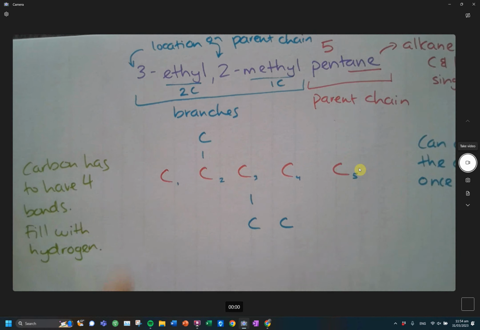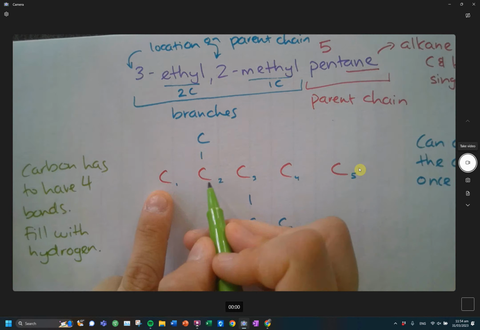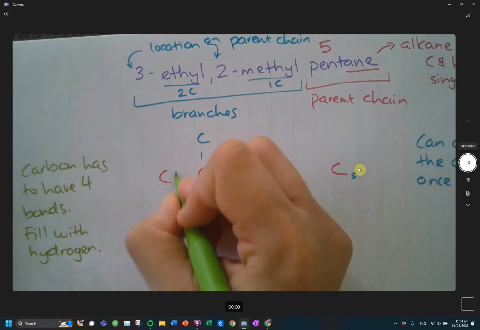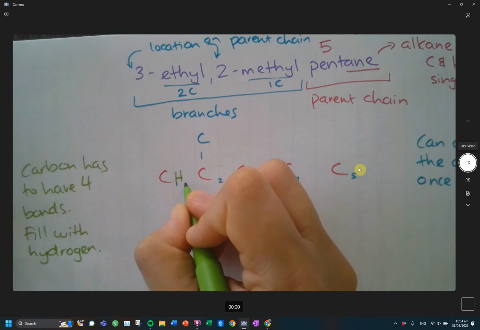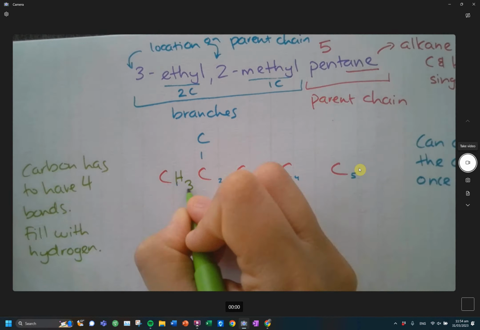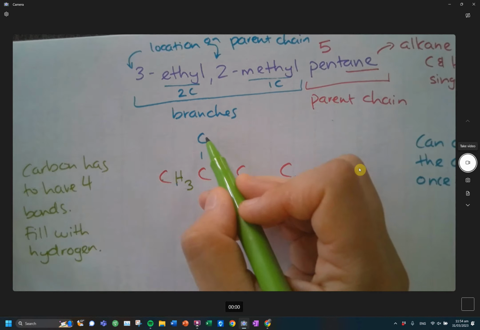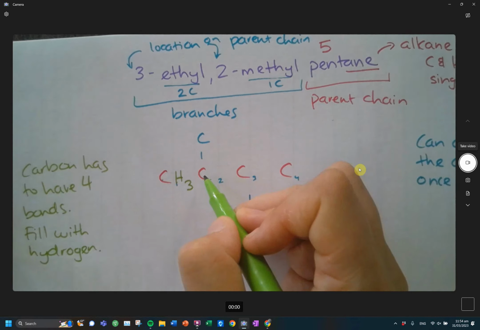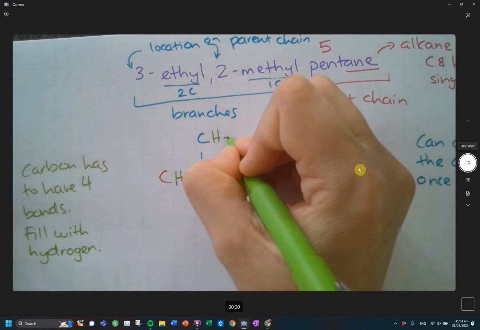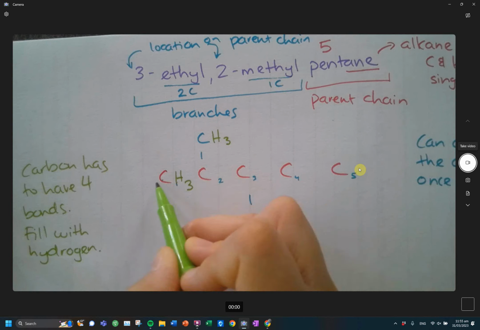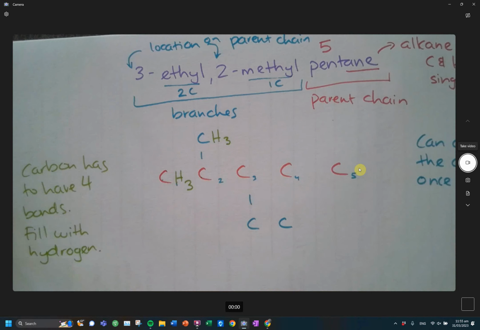So when I look at this end carbon, I see that it's bonded to 1 other carbon. So how many hydrogens should I have there? 3 to make my 4. So that carbon's bonded there, and then 3 additional. This carbon up here bonded to one other carbon, so 3 as well. This carbon here is bonded to 1, 2, 3. So how many hydrogens do I need on that one? Just the 1.